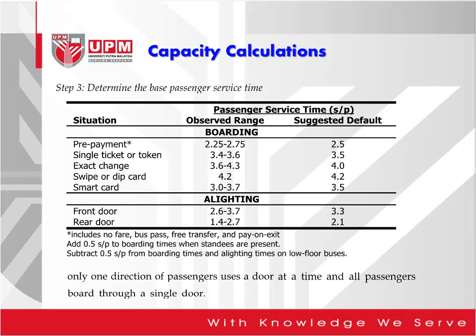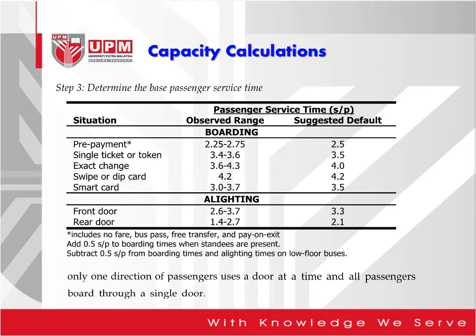For alighting, it also depends on whether we allow passengers to alight through the front door or rear door. Usually we allocate the front door for boarding and the rear door for alighting. For rear door alighting, the suggested time is only 2.1 seconds, but front door is 3.3 seconds because we expect a conflict between alighting passengers and boarding passengers.